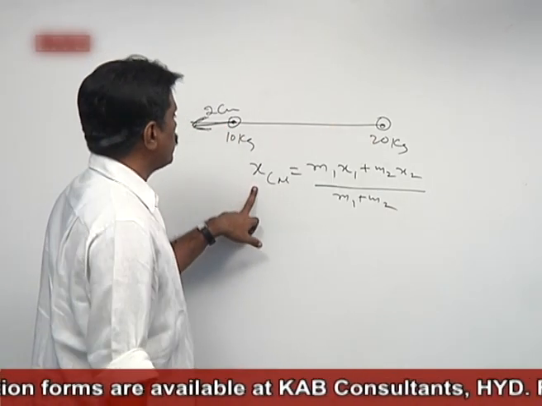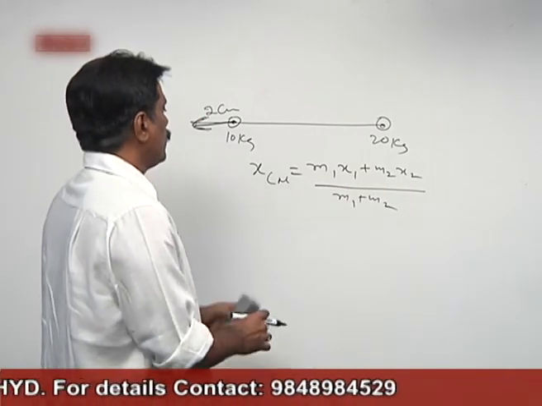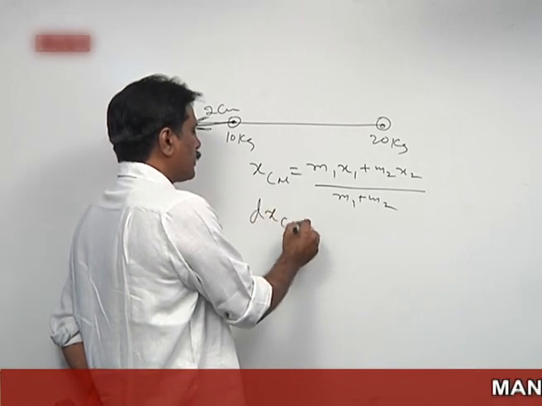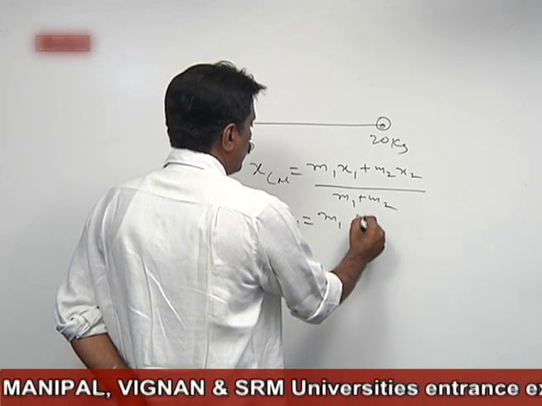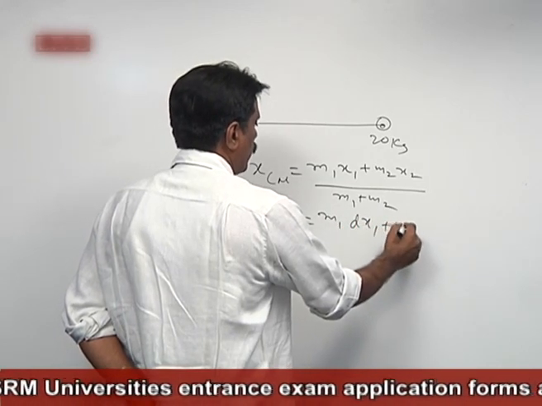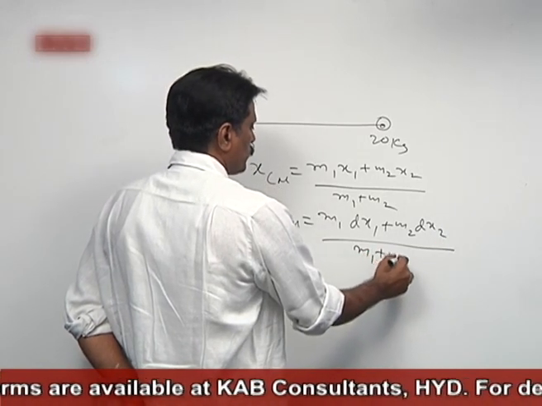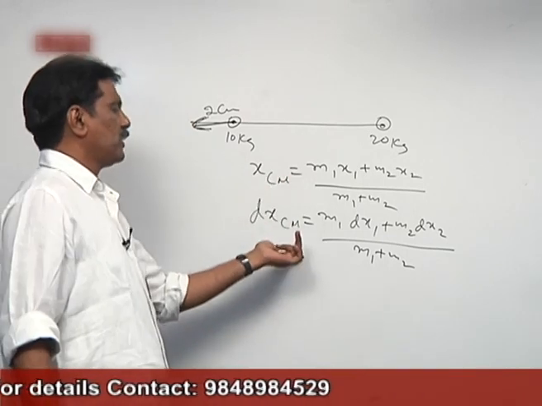Now let us take differential elements. dx center of mass is equal to m1 into dx1 plus m2 into dx2 by m1 plus m2. By taking the differentials, we can write this equation like this.